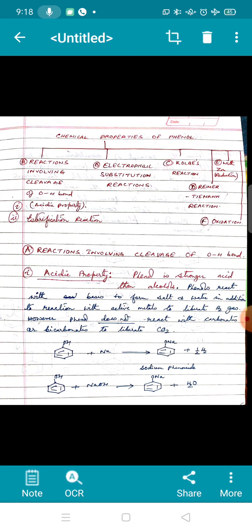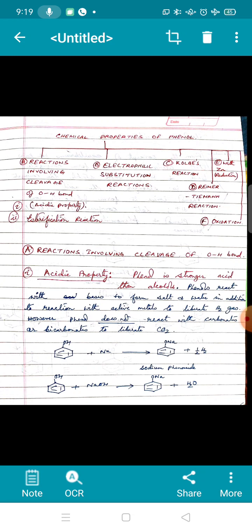The next set of reaction is electrophilic substitution reaction, and there are some name reactions performed by some specific people, so they are in honor of their name. Then the reactions are named as Kolbe's reaction, Reimer-Tiemann reaction, and then we have one reduction reaction and oxidation. So let's begin with one by one.